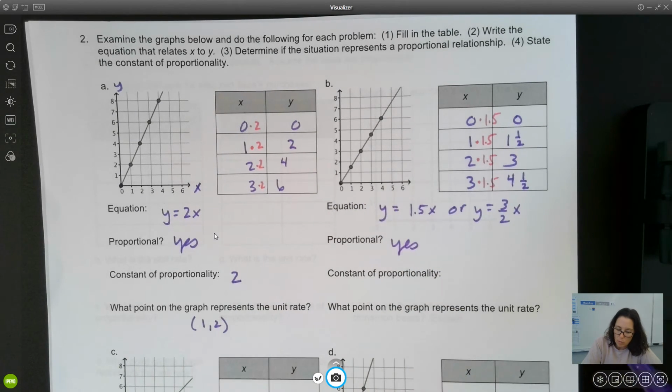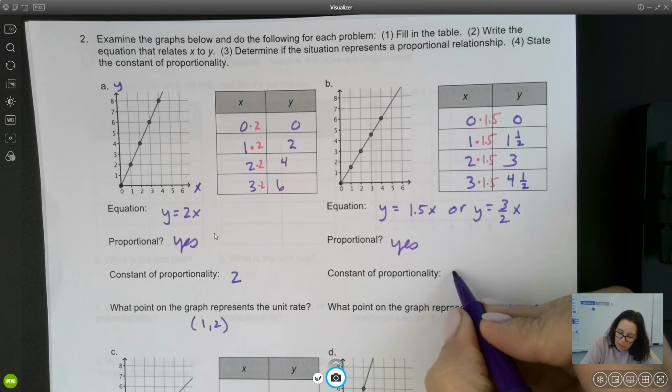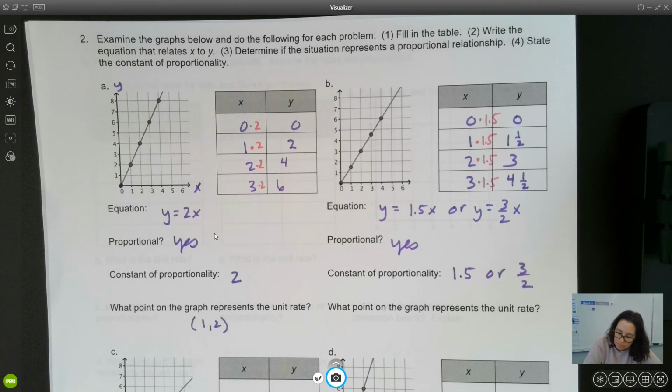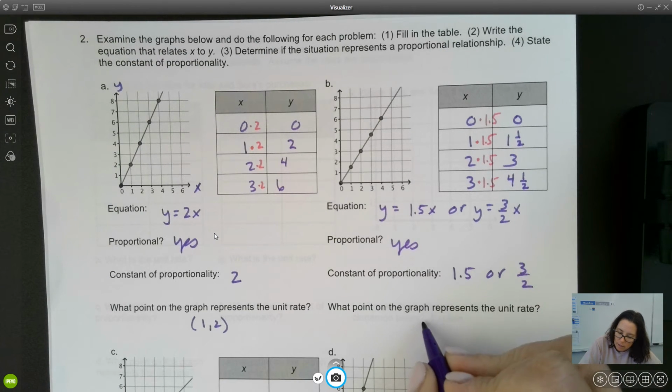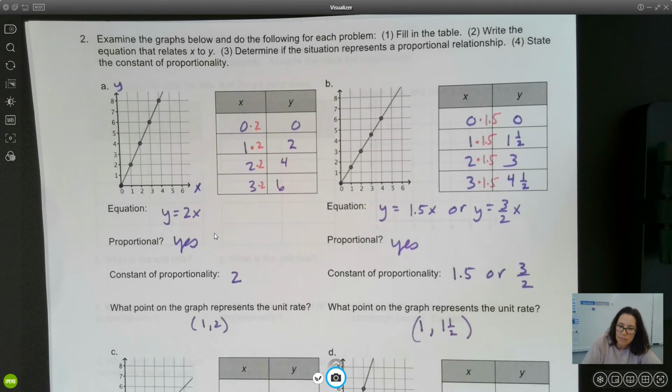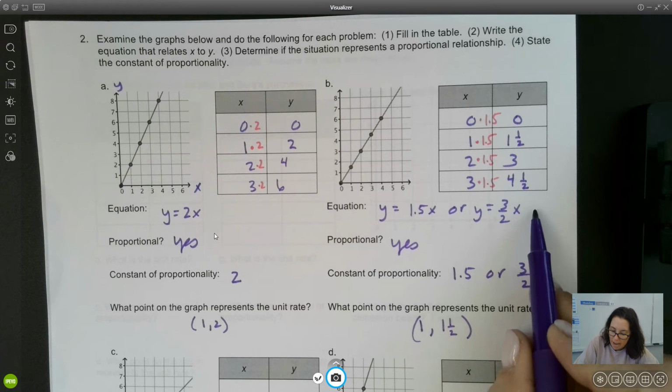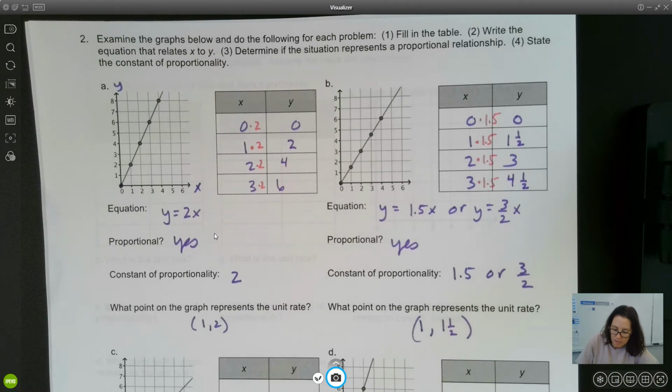Okay, so yes, it's proportional. Constant of proportionality, 1.5 or 3 halves. What point on the graph represents the unit rate? 1, 1.5. Okay, you could have put 1, 3 halves. Okay, this I guess you could have also had the equation y equals 1.5x.